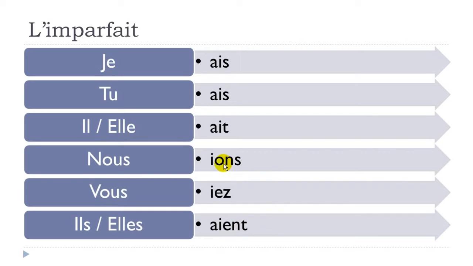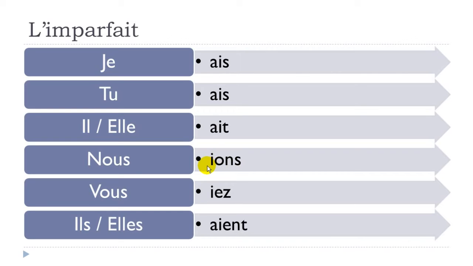And then for nous, if you remember correctly, final S is not pronounced here. And then this O-N is a nasal, it goes in your nose and it goes like on. So you don't hear any N, it's really on. When you add this I before, you will get the y sound.